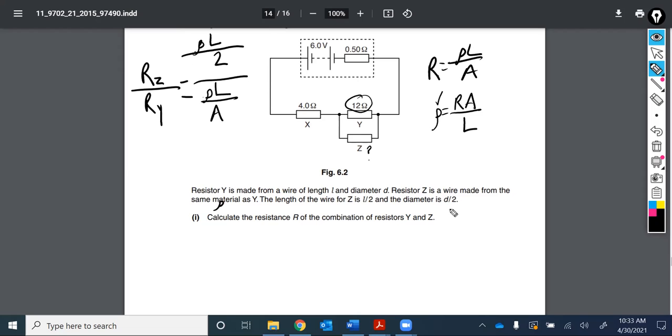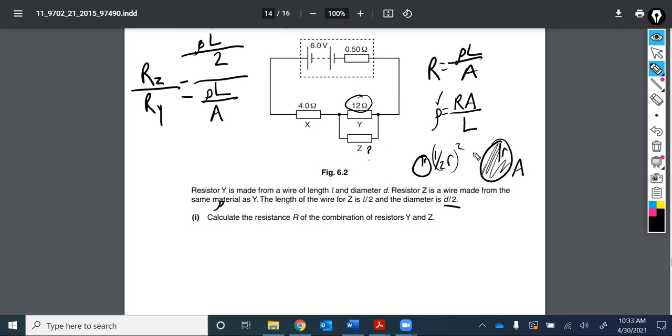But how does the area change if I halve the diameter? If I have a circle and I cut its diameter in half, that's the same thing as cutting its radius in half. So if this radius led to an area A that's equal to pi r squared, then we're taking 1/2 the radius, and so we have 1/2 the radius squared.